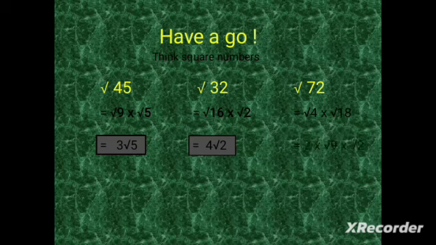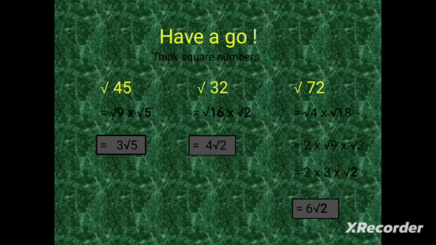So we have 2 times square root of 9 times square root of 2. Finally, we know that square root of 9 is 3. Now our simplified surd is 6 square root of 2, or 6 root 2.